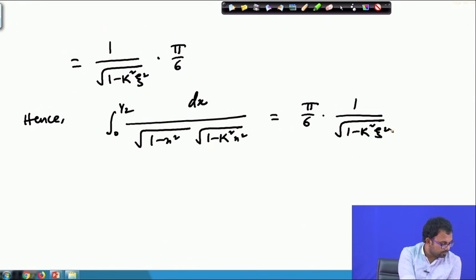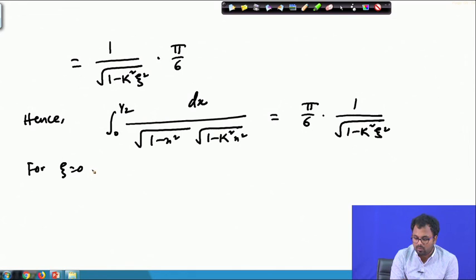And if I take xi equals to 0, so for xi equals to 0, let us call this integral I. So I equals pi by 6 times 1, so this is basically pi by 6.